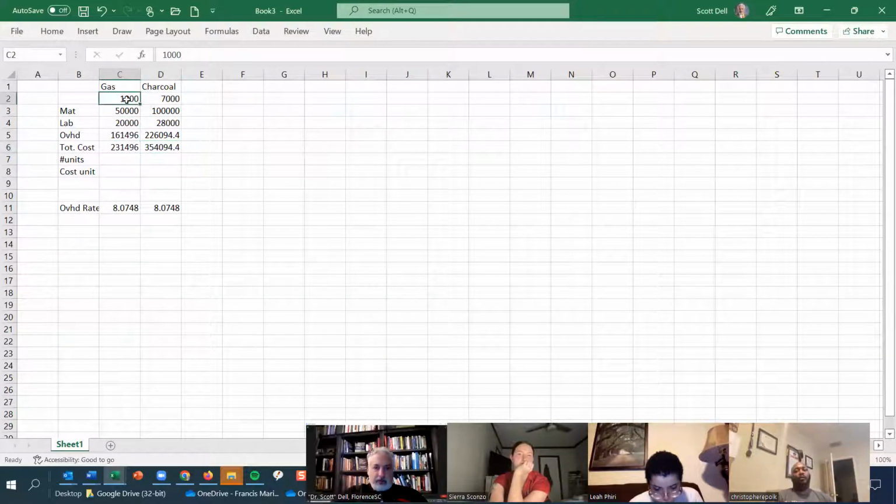Number of units, we put them up here, but I actually should have put them down here. Do a cost per unit equals total dollars divided by number of units. So if all goes well, those would be the numbers I'm looking for, my cost per unit.